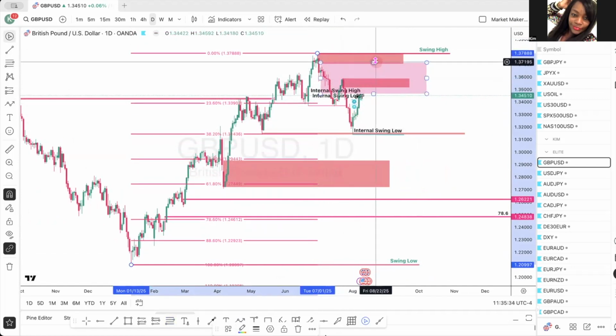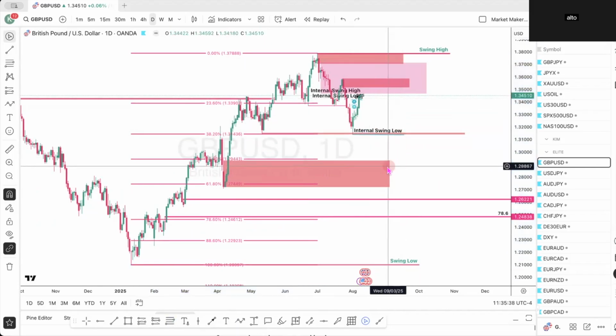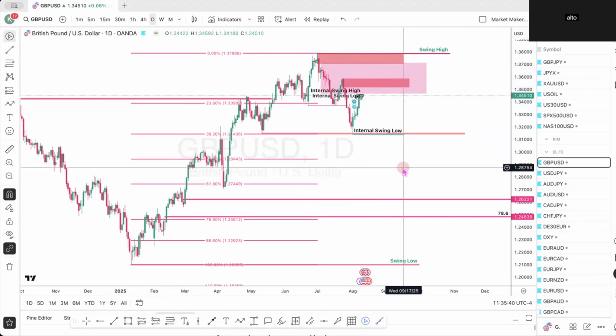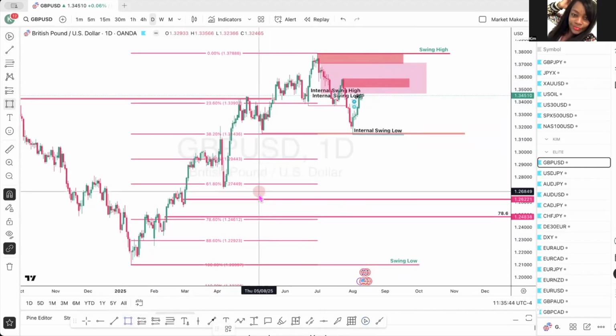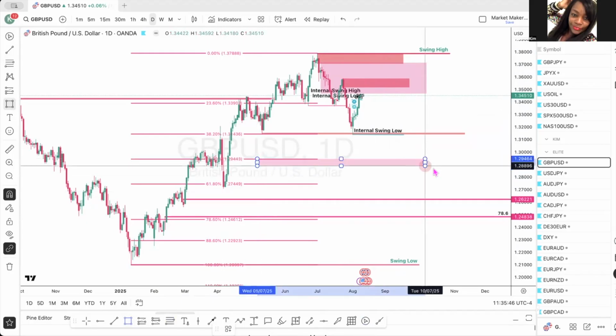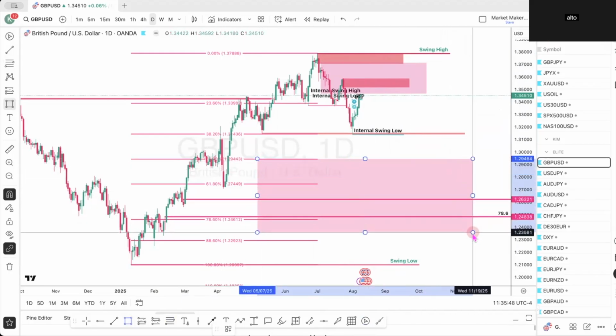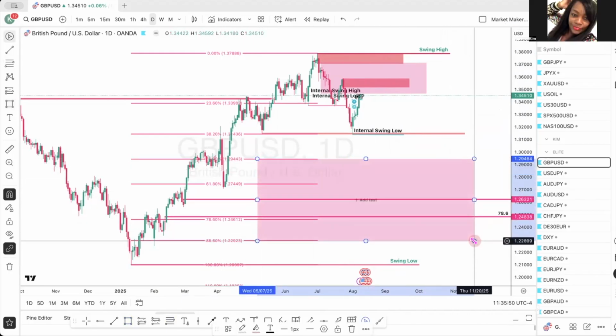So we're looking for a pullback to continue selling down to a discounted zone. The discounted zone is going to be somewhere in between there and there: 50%, 618, 78, 88. When it gets there, we're looking for buys.